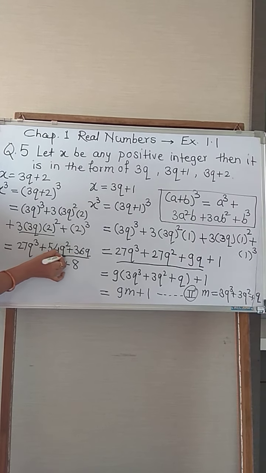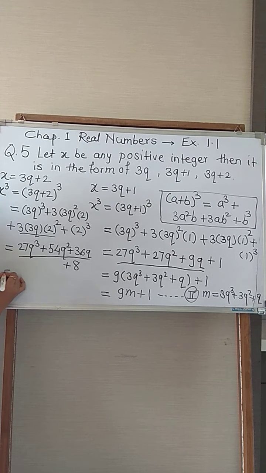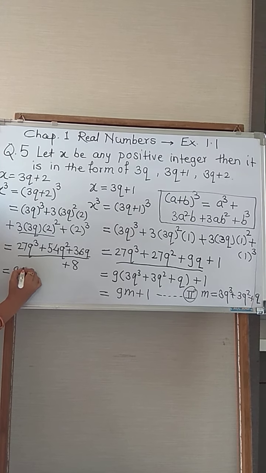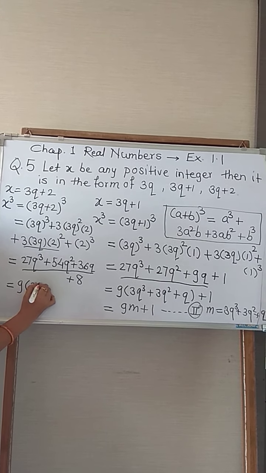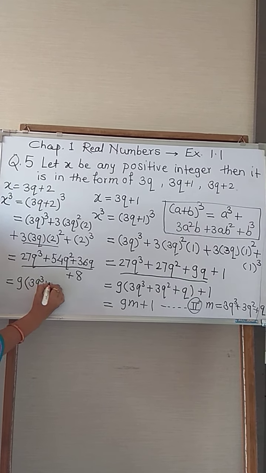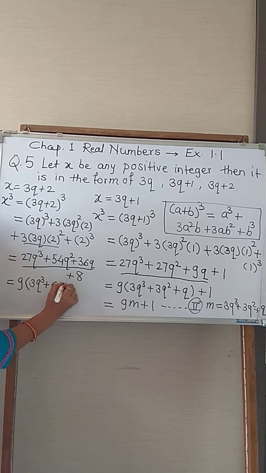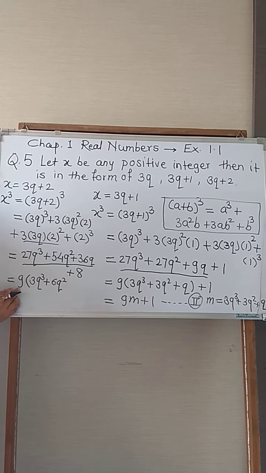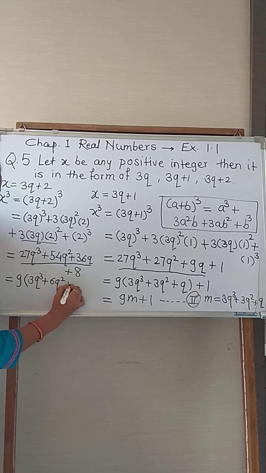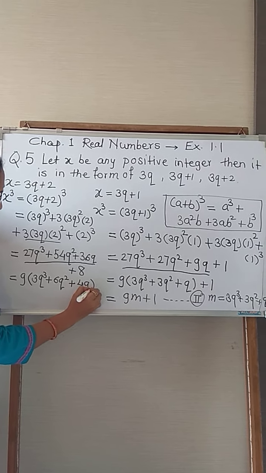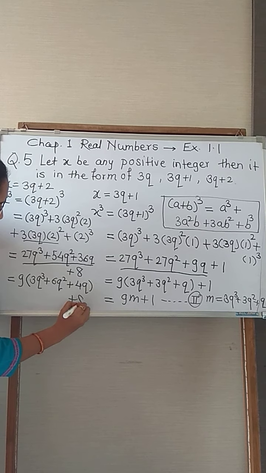Now from these first 3 terms you can take 9 common outside the bracket. So what terms will remain in the bracket? Here 3q cube plus 6q square, because 9 sixes are 54, so 6q square plus 4q, and outside the bracket plus 8.